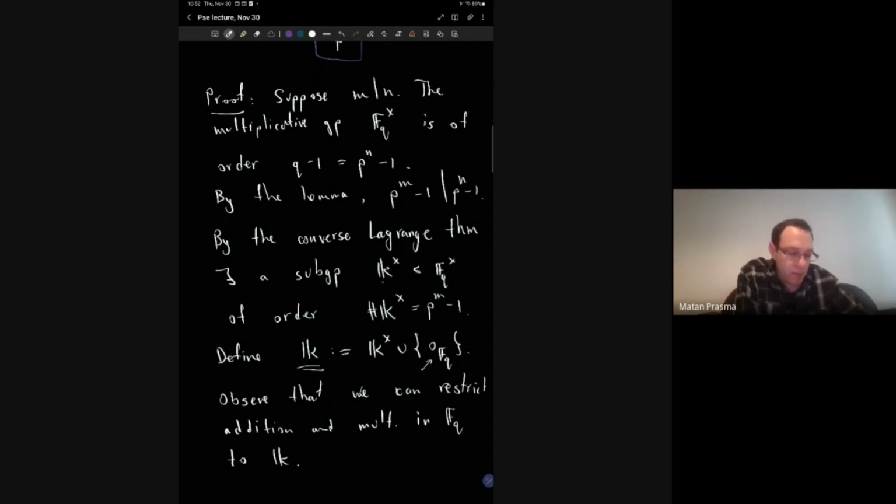If I multiply two elements in K star, for example, then I know I get a new element in K star. This is because K star was chosen to be a subgroup. But I still need to justify why, if I add two elements in K using the addition coming from FQ, I still get an element in K.